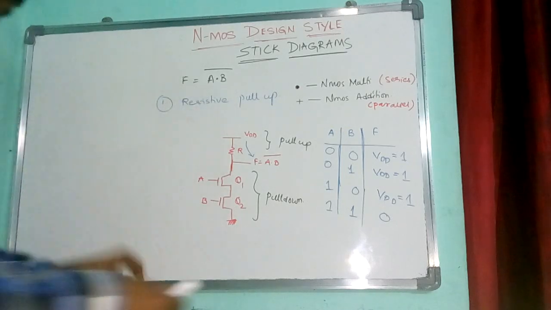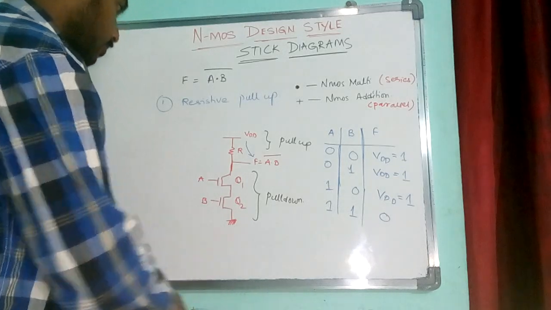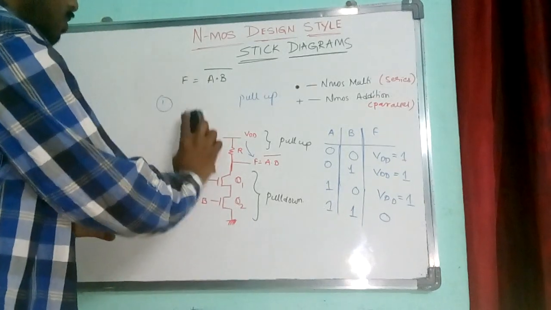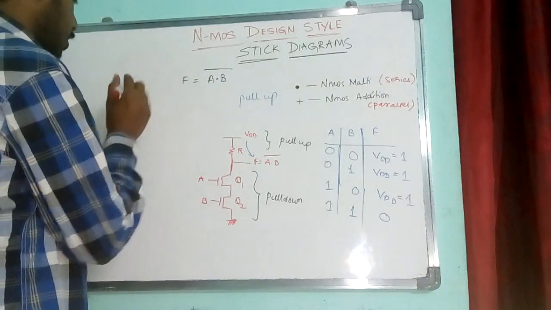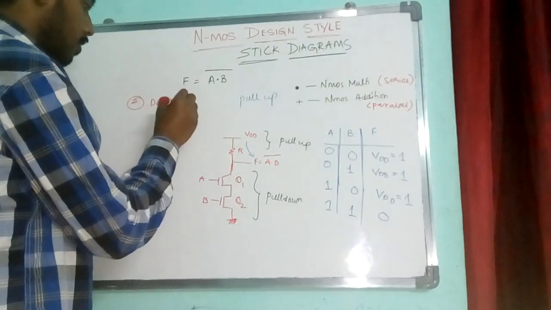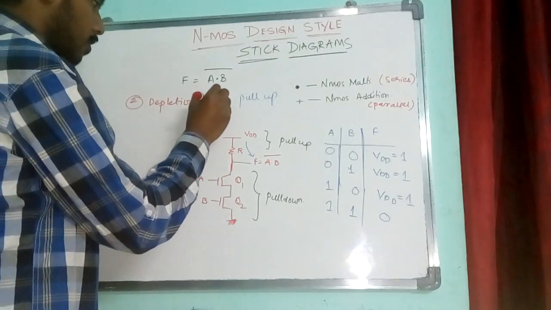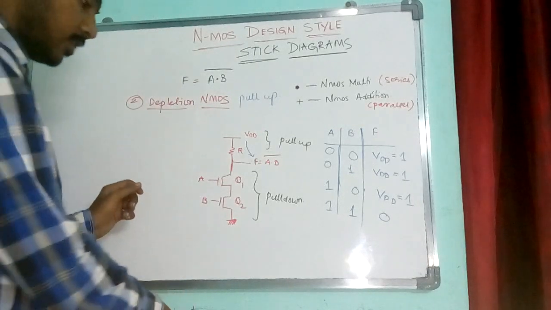For the same case, if I use depletion Nmos pull up, this is the second case.